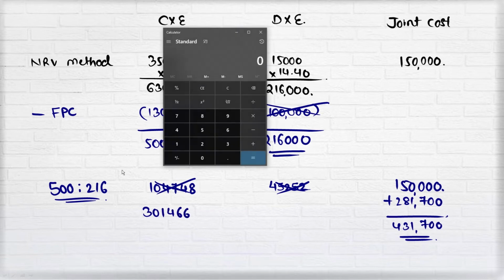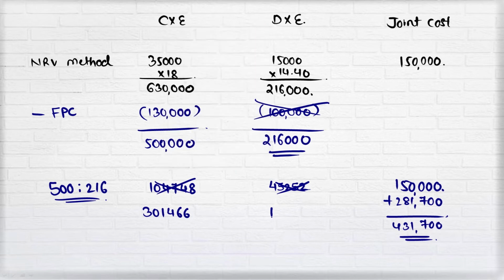And this answer will be 4,31,700 minus 3,01,466, which is 1,30,234. This is nothing but the joint cost apportioned between CXC and DXC of the total joint cost.